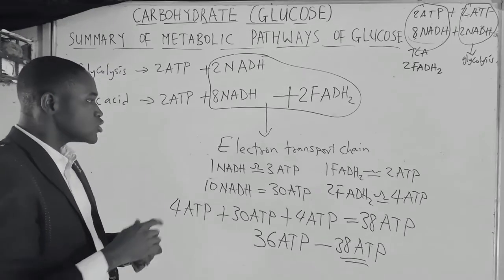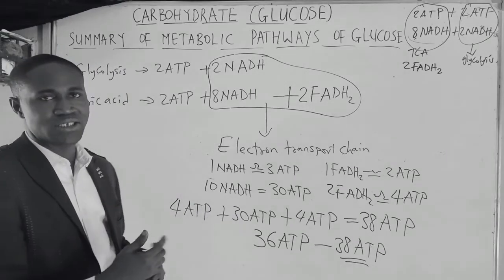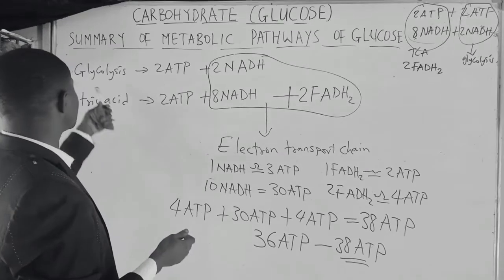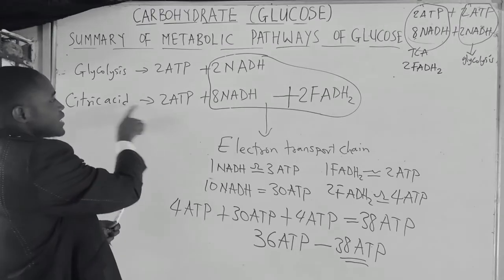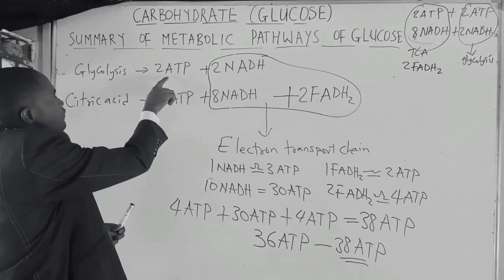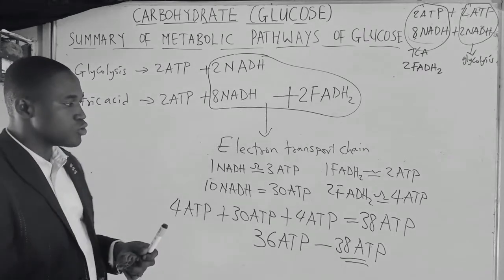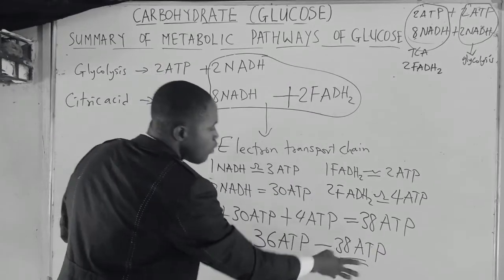So that tells us that it is the electron transport chain that produces enough energy in the form of ATP, unlike glycolysis and the citric acid cycle, where the citric acid cycle only gave us 2 ATP and glycolysis gave us 2 ATP, with other coenzymes produced which the electron transport chain converts to give more ATP.